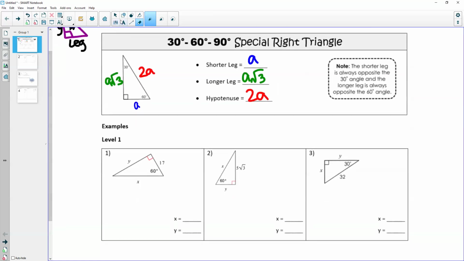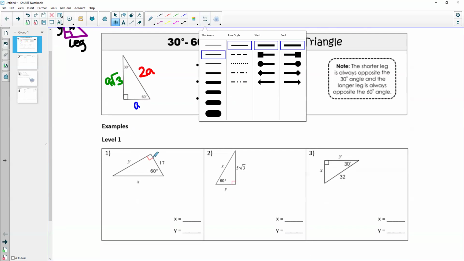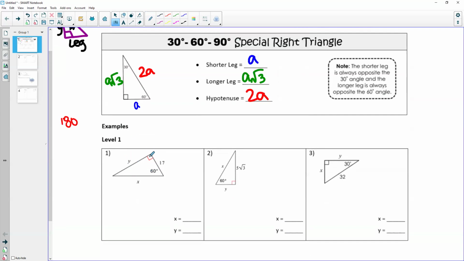As we look at the examples down below, you'll notice that there are no directions, but it's assumed that they want you to find the missing variables. So we want to find X and Y in number 1. The very first thing that I recommend is to start with the angle measures. All 3 angles in the triangle add up to 180, and I know one of them is 90.